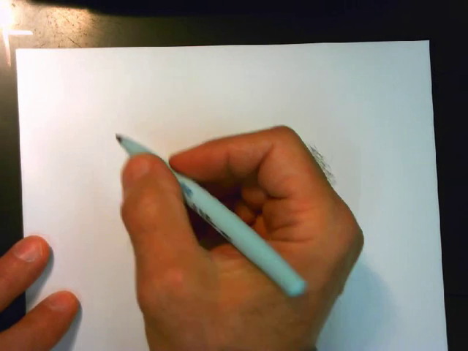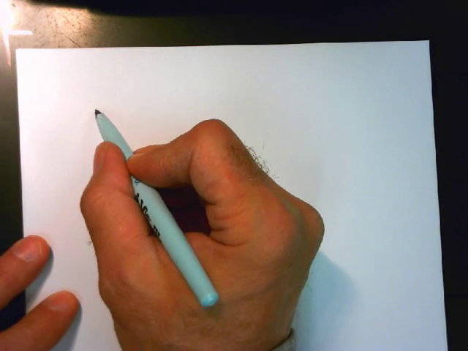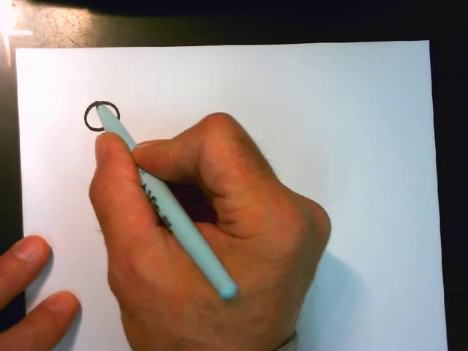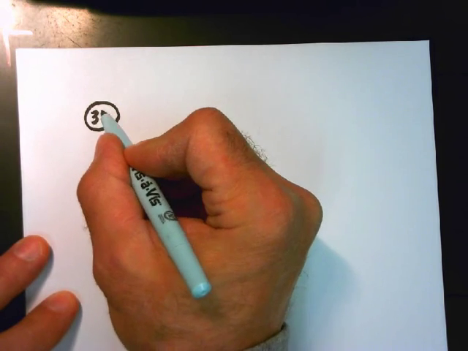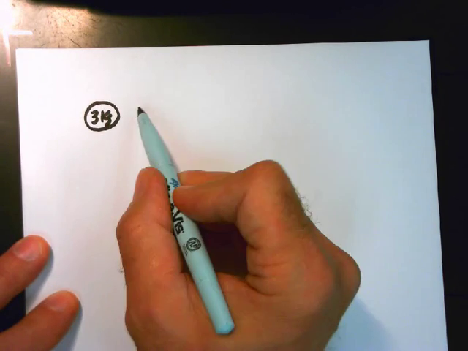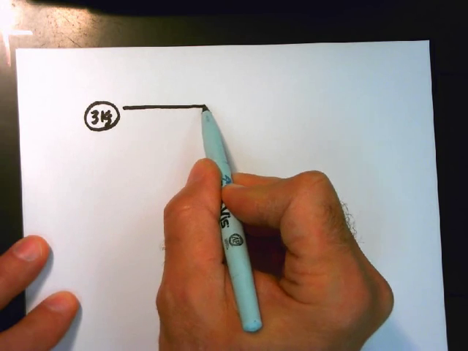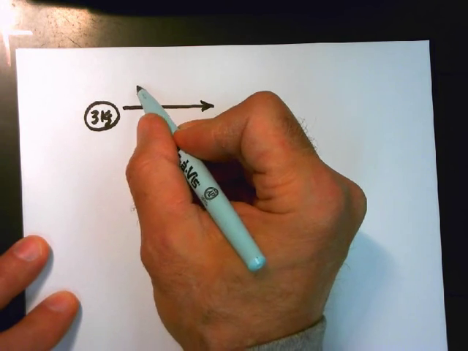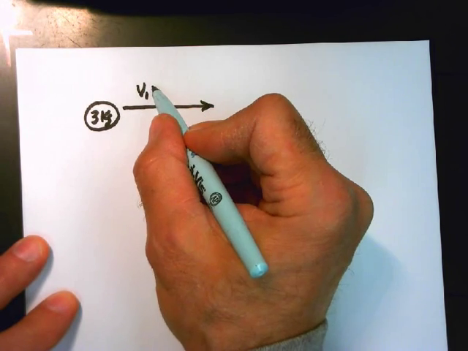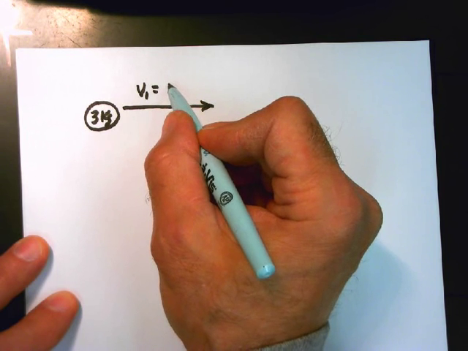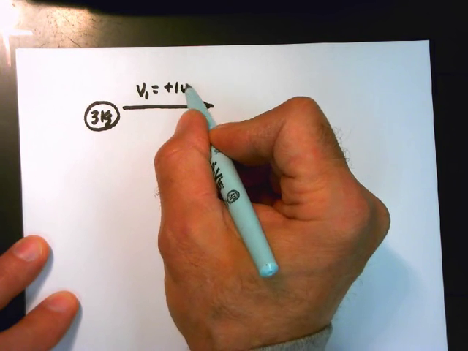Okay. Let's take an example. Let's say that we have a 3 kilogram mass, going to the right at a velocity v1 of 10 meters per second. I'll just put plus 10.